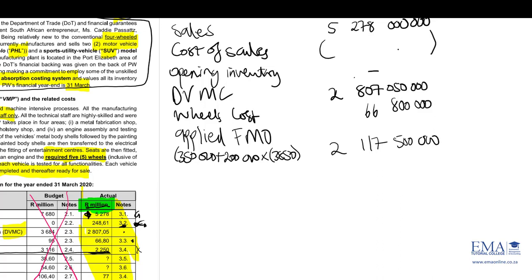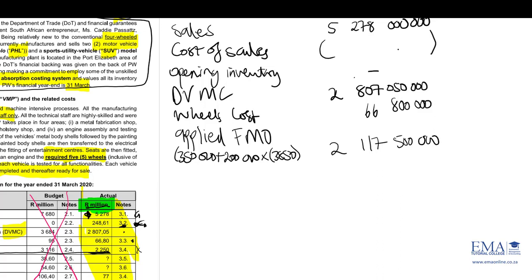So when you're dealing with an actual statement, you don't need to take the actual fixed manufacturing overheads. You must take the applied, and the applied have to be calculated. How do you calculate the applied? Mostly, if you're not given the absorption rate, you will need to calculate the absorption rate.